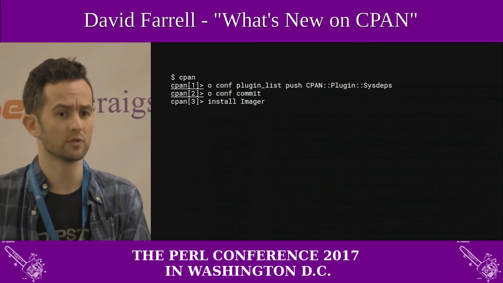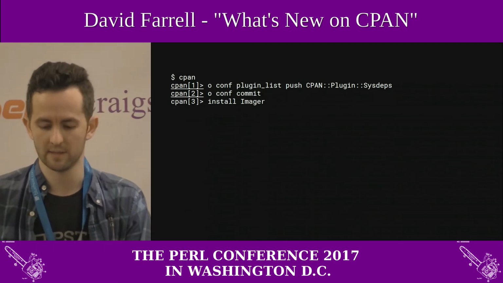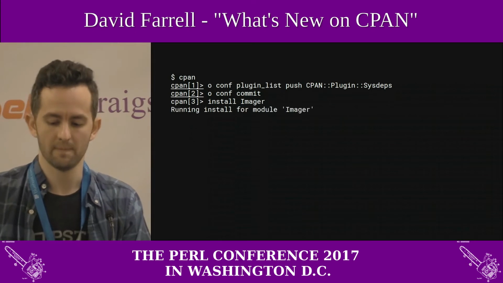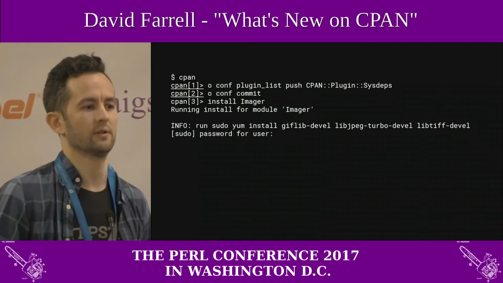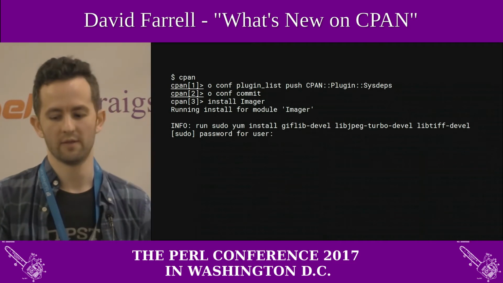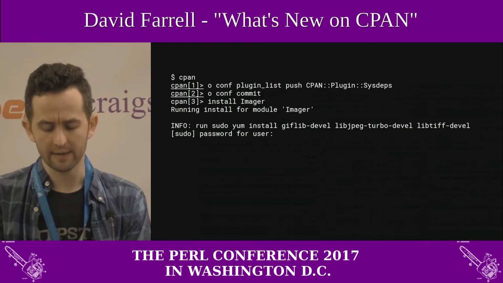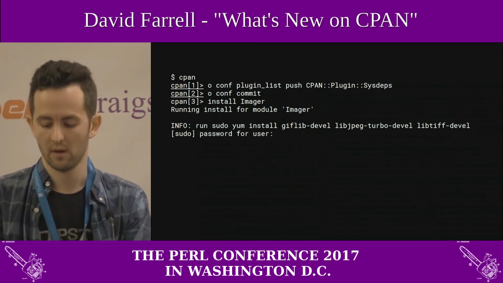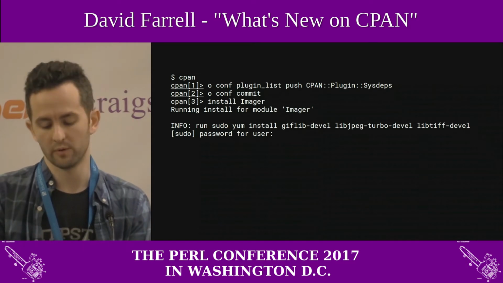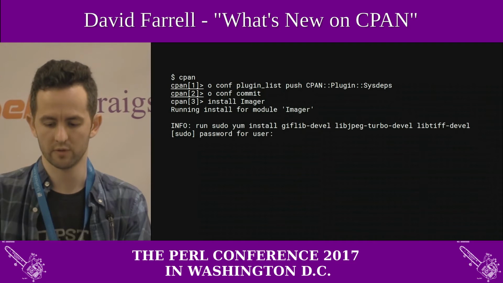So let's say I want to install Imager, which has a number of third-party dependencies. Well, with this plugin, it will run my local package manager to install the packages rather than having Perl build them itself. And so in this case, I'm running it on a Red Hat instance, so it calls yum and prompts for the sudo password, just like it would with a normal package manager install.